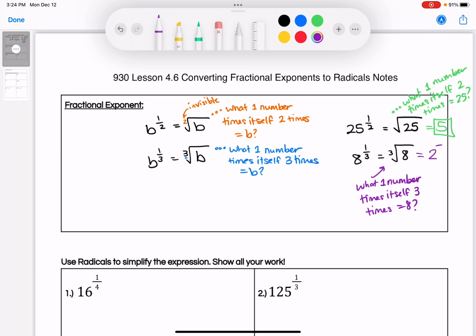The answer is 2. So 8 to the 1/3 power is the same thing as the third root of 8, which is what number times itself 3 times gives me 8, and that number is 2. So hopefully you're starting to see a pattern here.